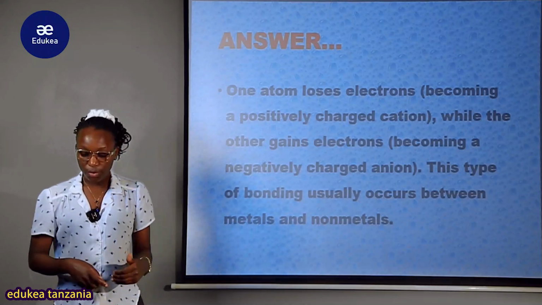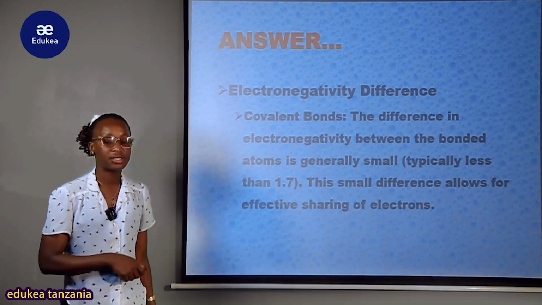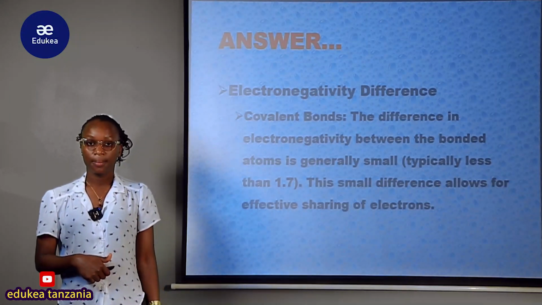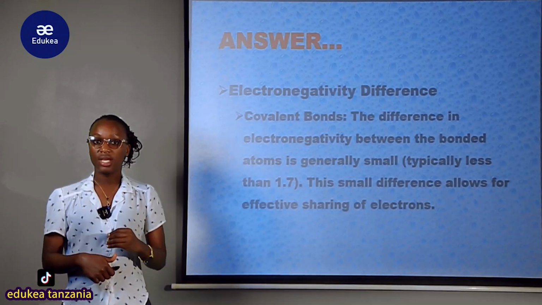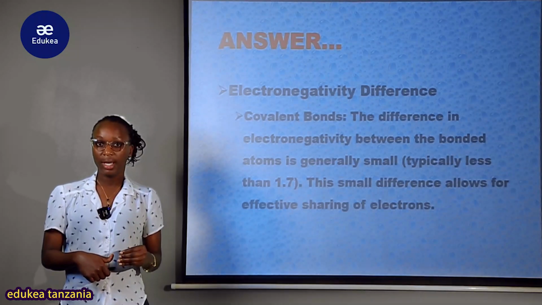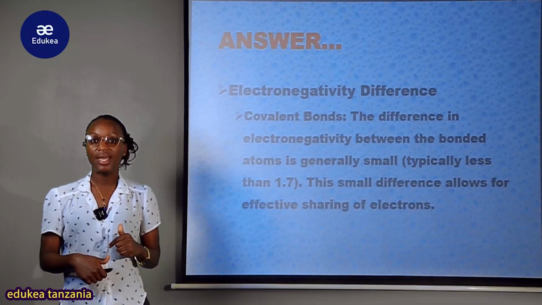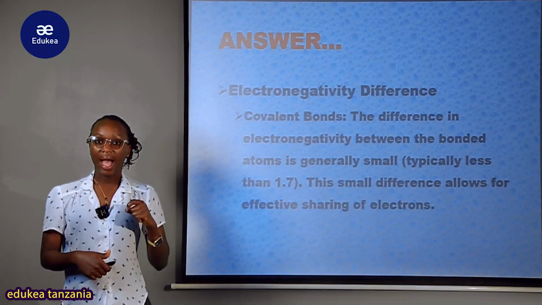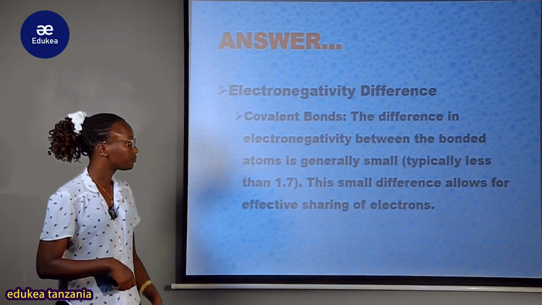Only that. Okay. Another point is electronegativity differences. Electronegativity differences mean that we are required to talk about electronegativity of covalent bond, element or compound, but also we are required to talk about electronegativity differences of ionic or electrovalent bond compounds.